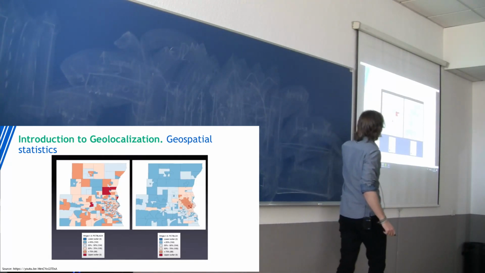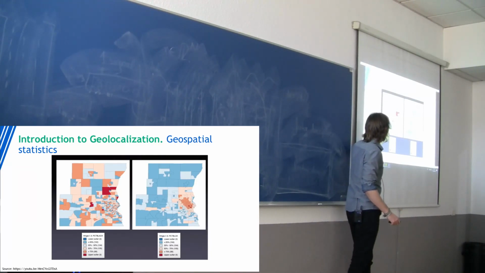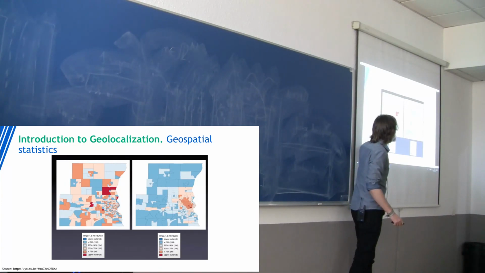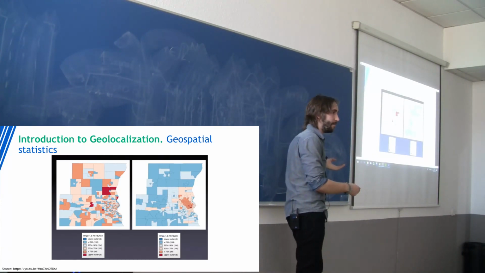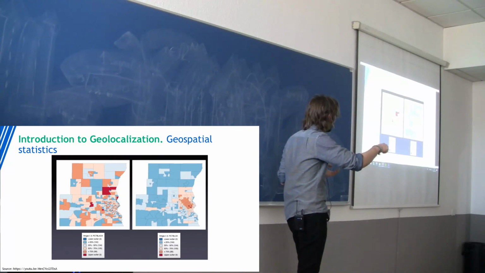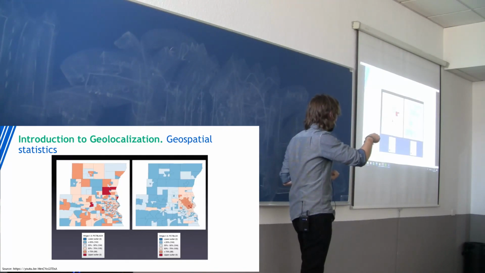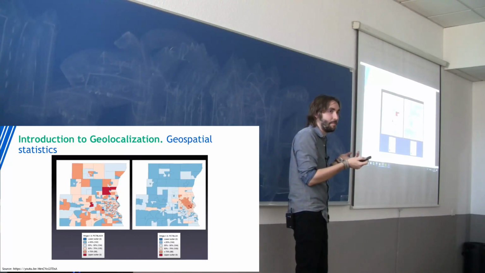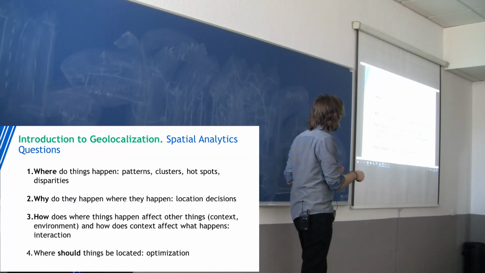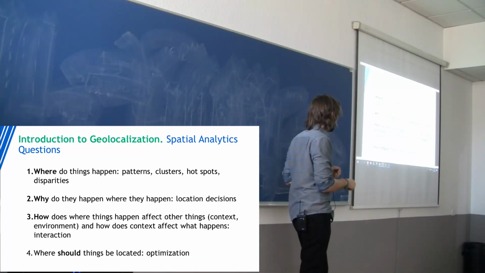So if you think about the histogram, they're exactly the same because we have the same number of blue and orange and red things. But they are not the same. These two informations, we may want to retrieve some information based on the geographical information, which is something that we don't have if we just take a histogram. Okay, that's why it's important to understand that we have to treat it differently.